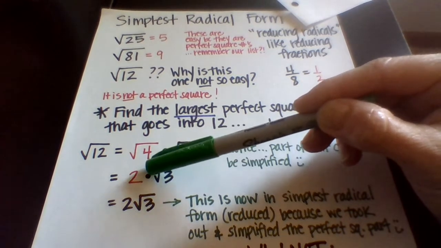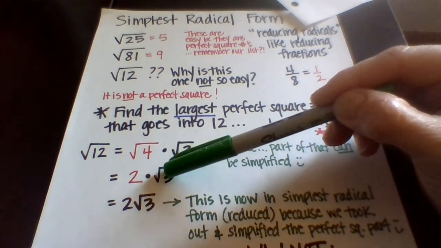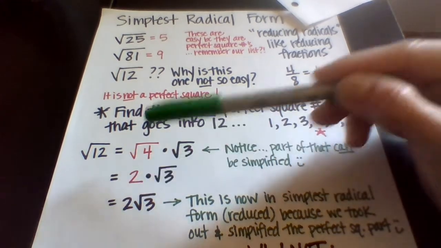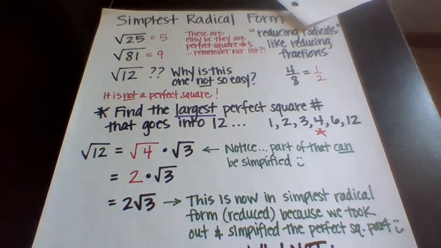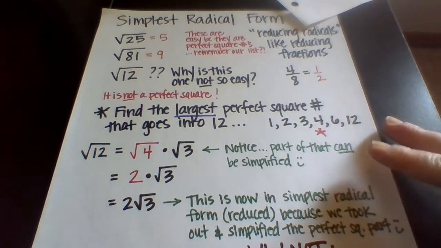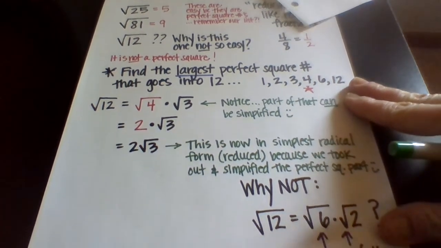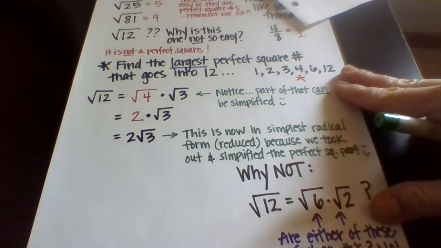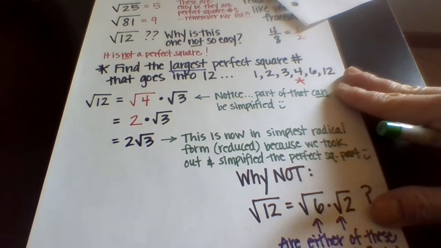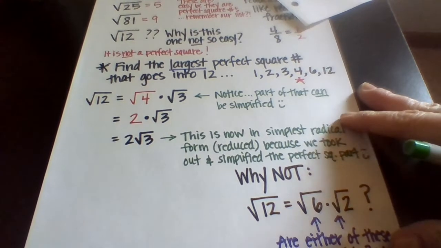So you don't really have to show this step if you understand that the square root of 4 turns to 2 and it's multiplied by the square root of 3. All right, so that is now in simplest radical form because we took out and simplified the largest perfect square number.